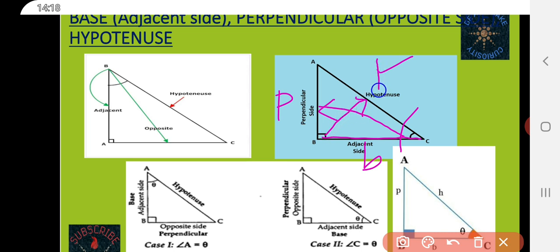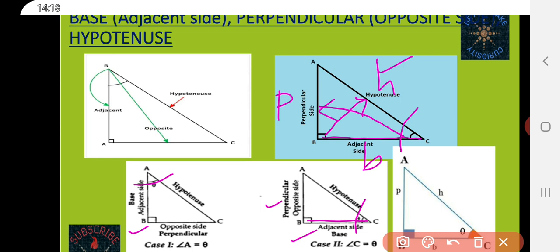So case 1, if the angle is theta, then the opposite side is perpendicular and the adjacent side is base. Case 2, if you take angle C, then the opposite side is your perpendicular and the adjacent side is your base.